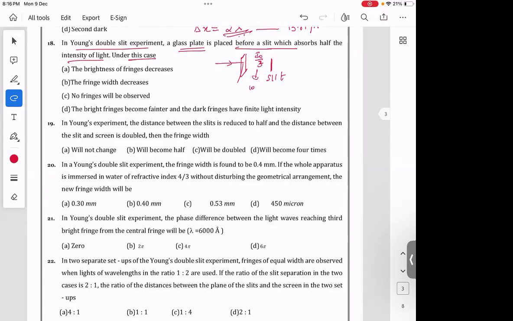But interference will still take place, only the interference intensity will be less. So there will be bright fringes and dark fringes, but with less intensities.